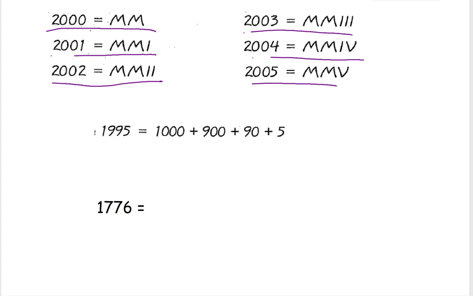So 1995 is equal to 1000 plus 900 plus 90 plus 5. So I would show this by doing 1000, which is M. 900 is 1 less than 1000.